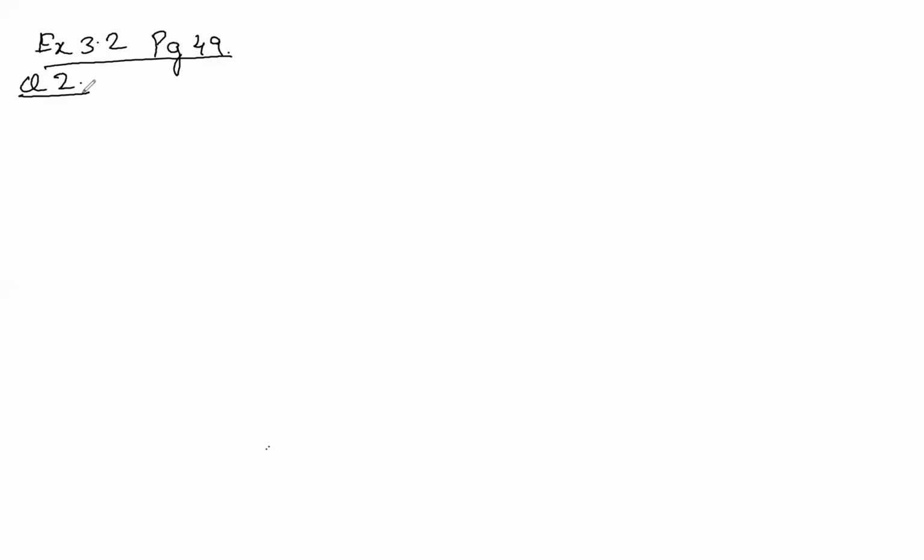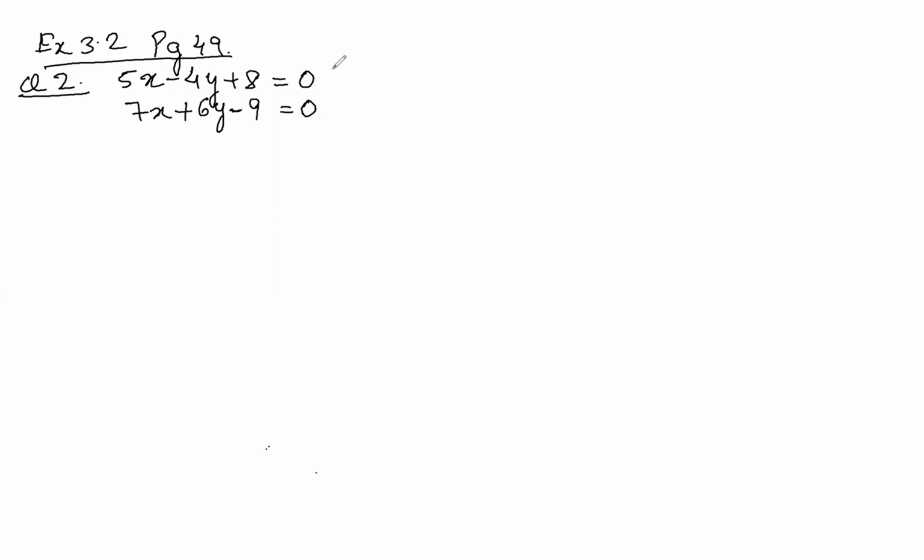Question number 1 is 5x minus 4y plus 8 is equal to 0, and 7x plus 6y minus 9 is equal to 0. Okay. So we have the two equations like this. 5x minus 4y plus 8 is equal to 0. 7x plus 6y minus 9 equal to 0.